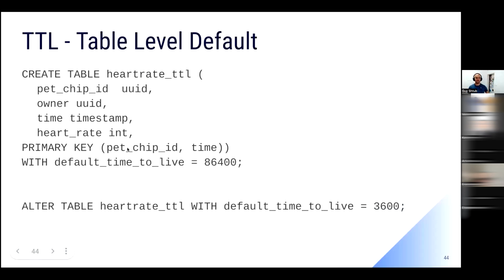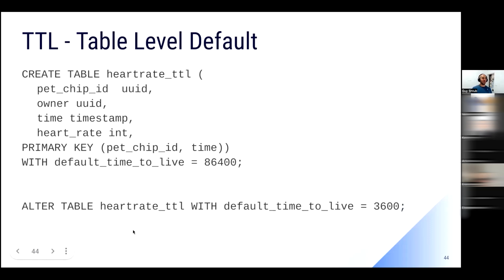Okay, so in this case, the table was defined with a time to live of 86,400 seconds. I think that's 10 days, but I'm not sure. And that means that after that number of seconds, the data will automatically be deleted and you don't have to worry about deleting it. Okay, you can see different options for changing the default time to live.